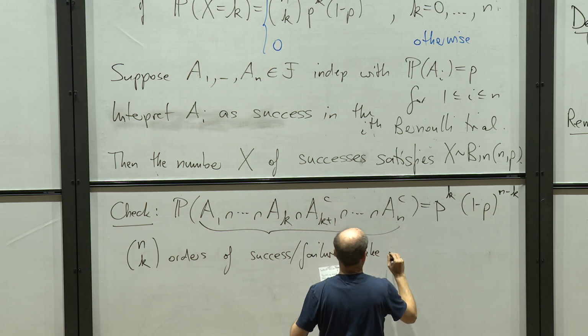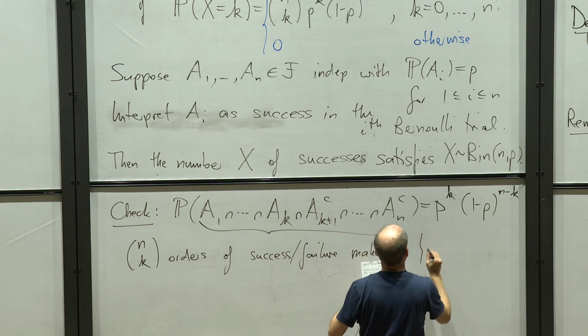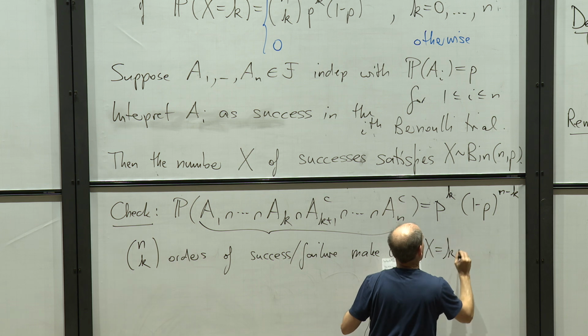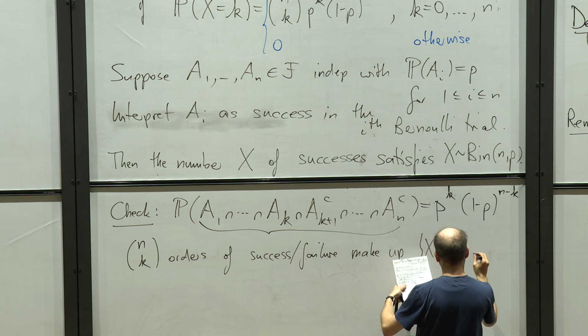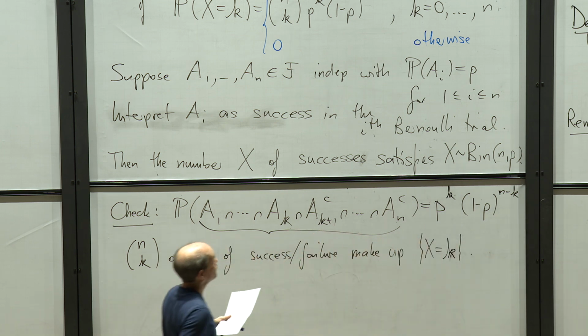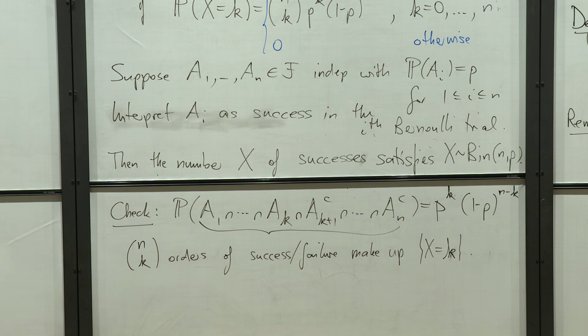Those make up the event x equal to k, and they all have the same probability, and that gives us the formula that we wrote down. Okay, this is the binomial distribution.